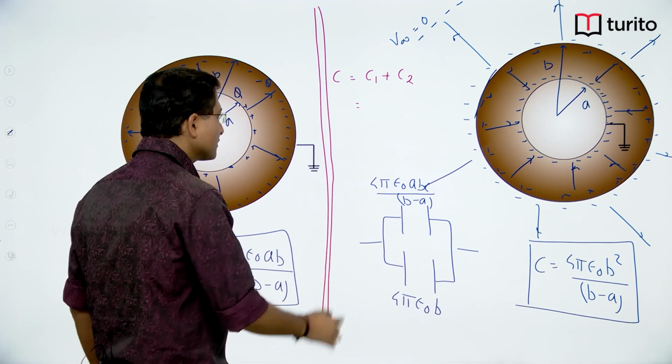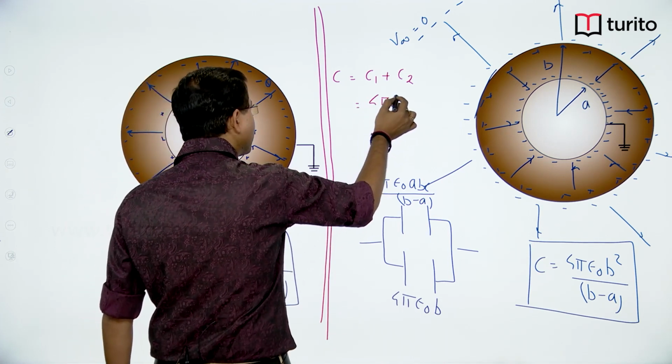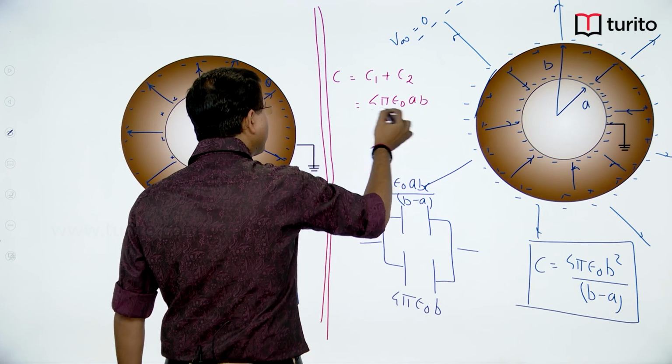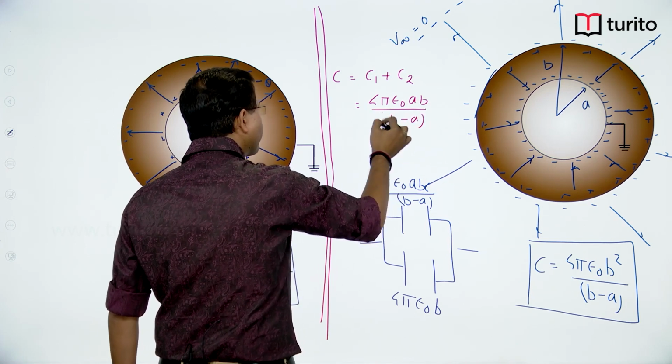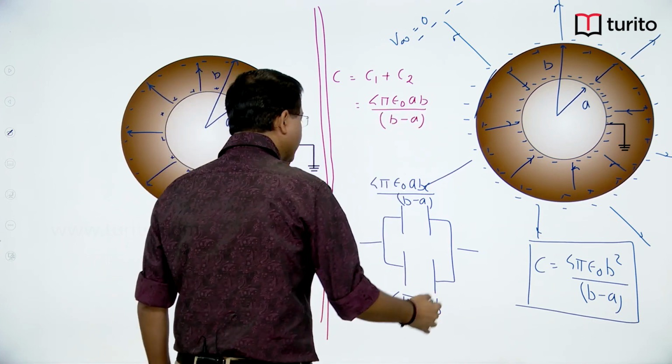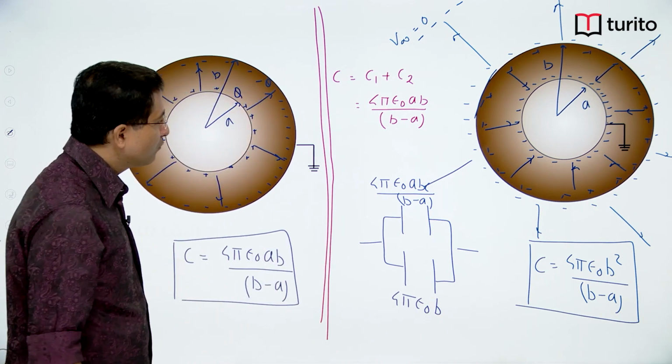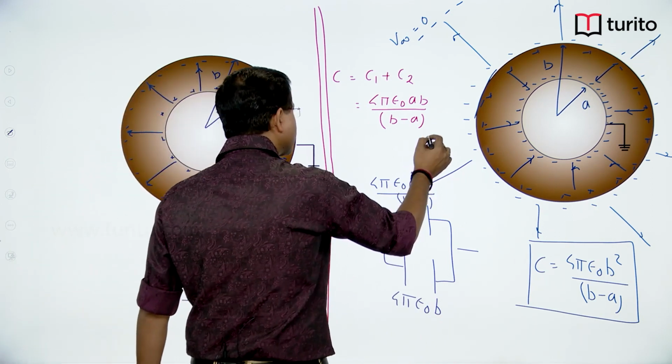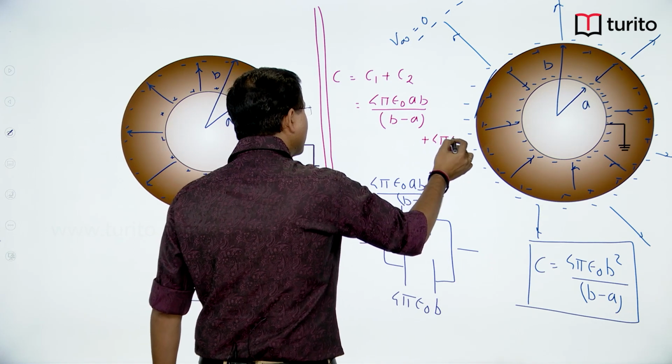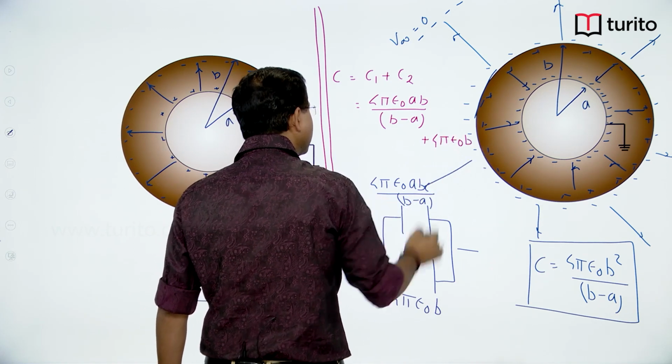If you substitute the value of C1, that is 4 pi epsilon naught AB divided by B minus A, and then for the second one I am getting 4 pi epsilon naught B, right.